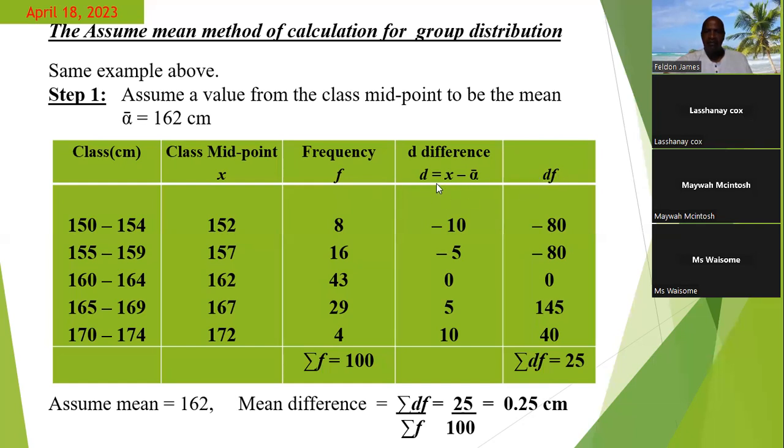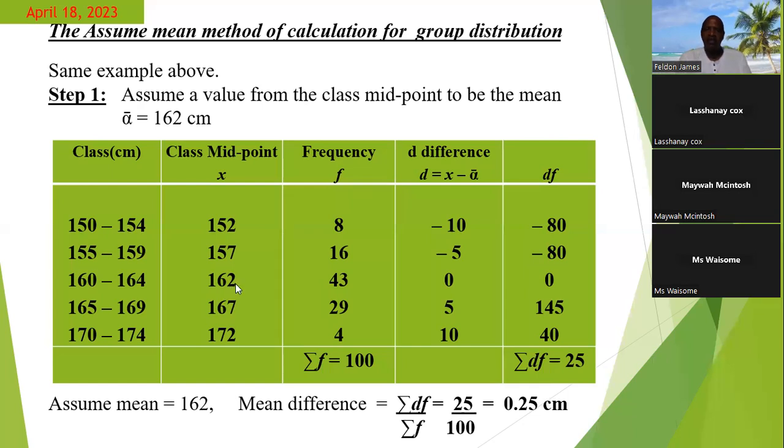All right. Now, the difference column, as you notice here, we'd have to work out a difference column. Now, the method that we're using here is the method of the assumed mean, right? What we generally do when we're doing the assumed mean method is take one of the class midpoint values, any one of them.